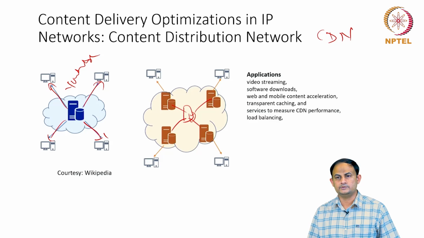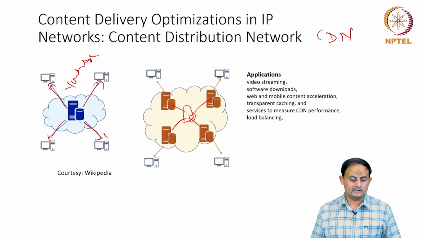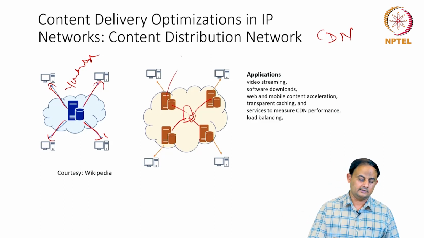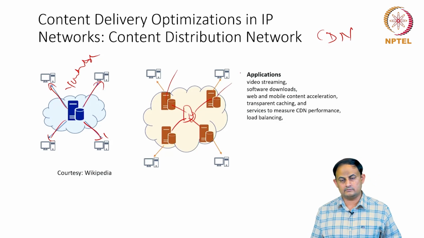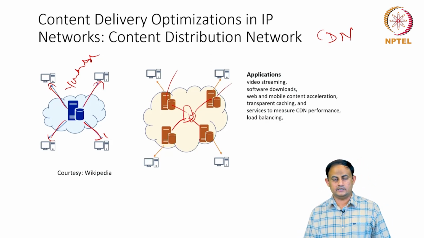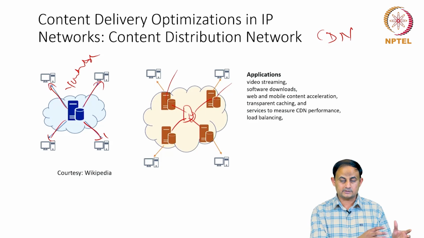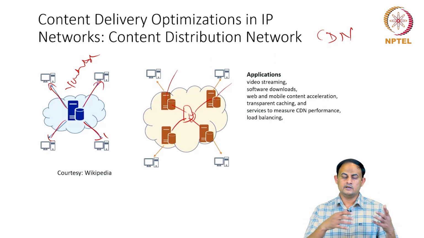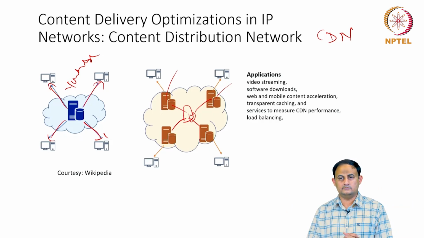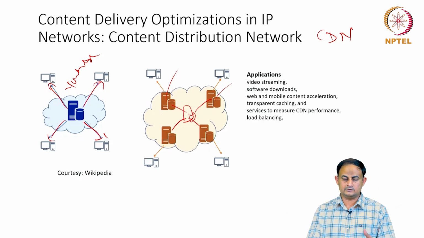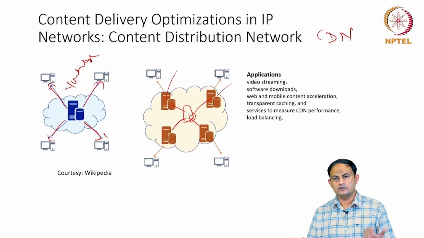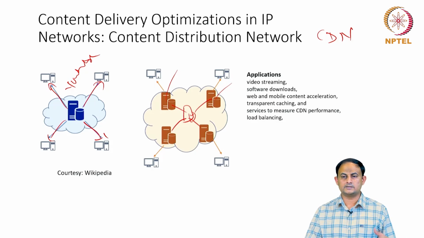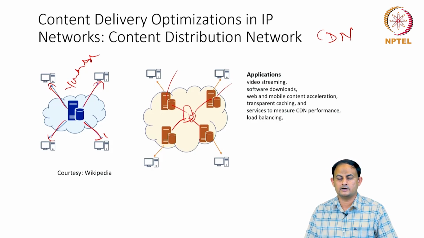I can keep a different set of content in this server and different content in the second server and so forth. The central server can still have the same content as all these replicated servers, but the local servers can still host the local content.